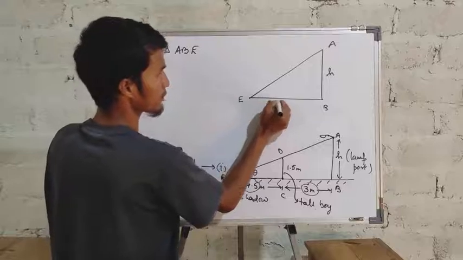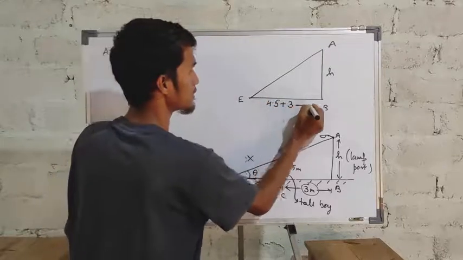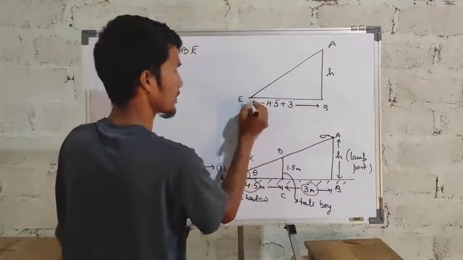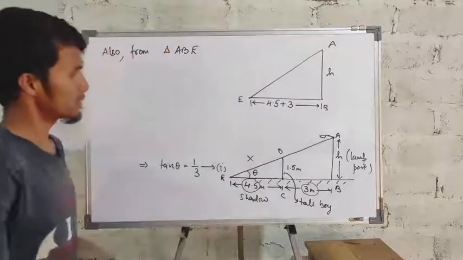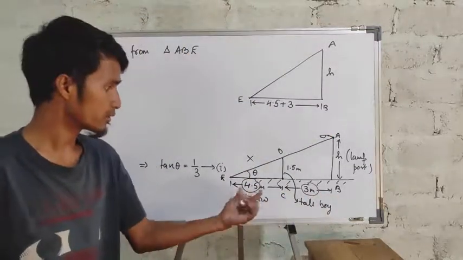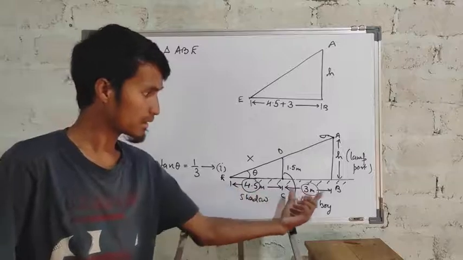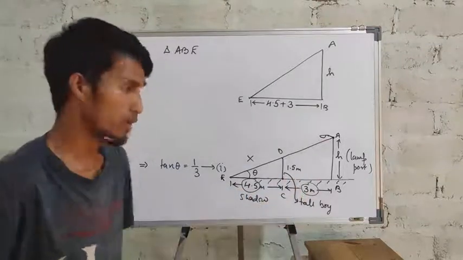This is the distance between BE, the shadow, and the distance of the boy from the pole, from the lamppost.